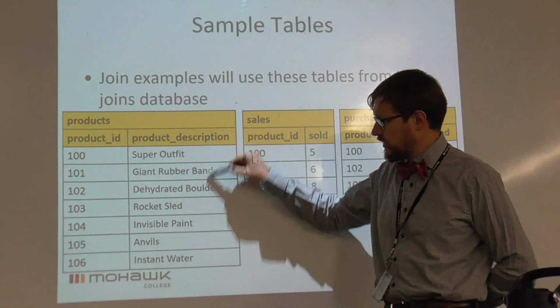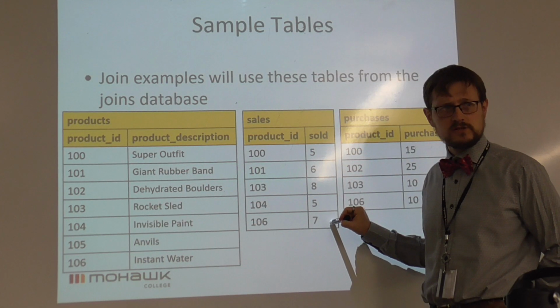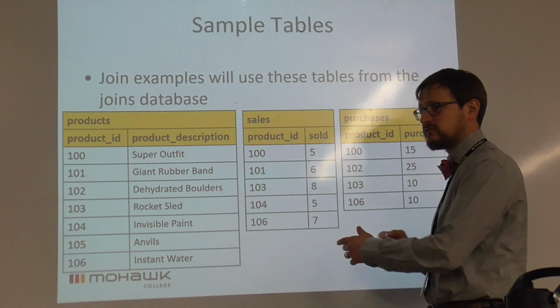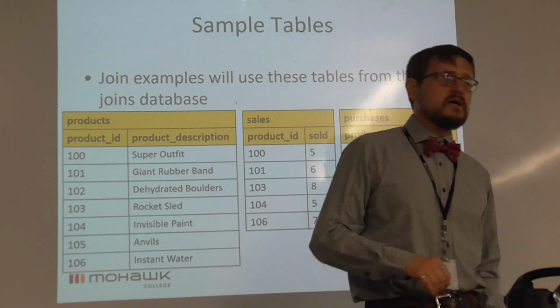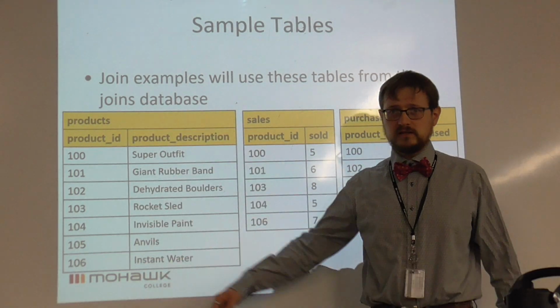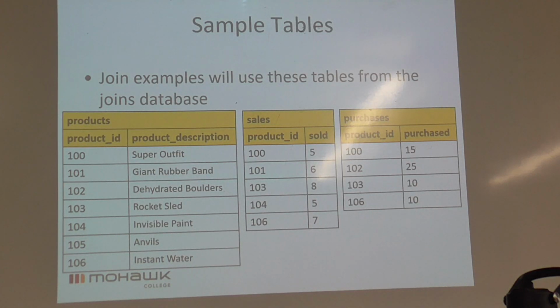However, if you look at instant water, we've sold 7 of those, but these are kept in different tables, and it's not necessarily obvious that they should even be the same table, right? When we have a table describing all of the products that we sell, this should not be modified when we make a sale.